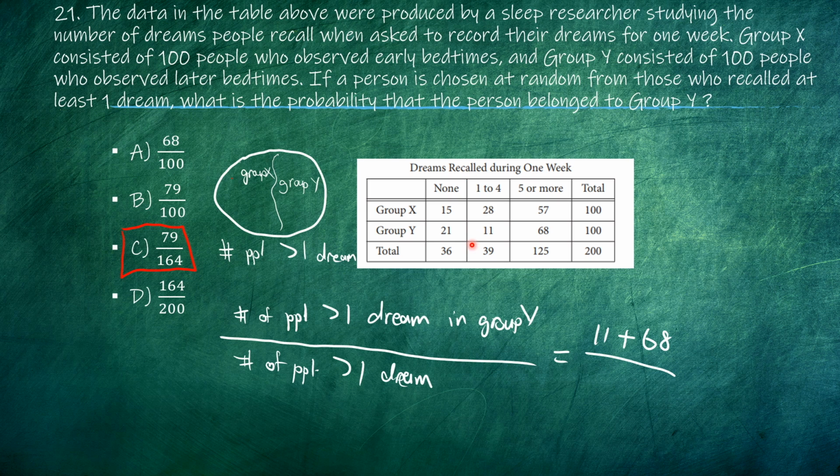And the number of people with at least one dream is this number here, 39 plus 125, because these two groups have either 1 to 4 dreams or 5 or more dreams. So here we have 39 plus 125. And the result will be 79 over 164, which is the answer.